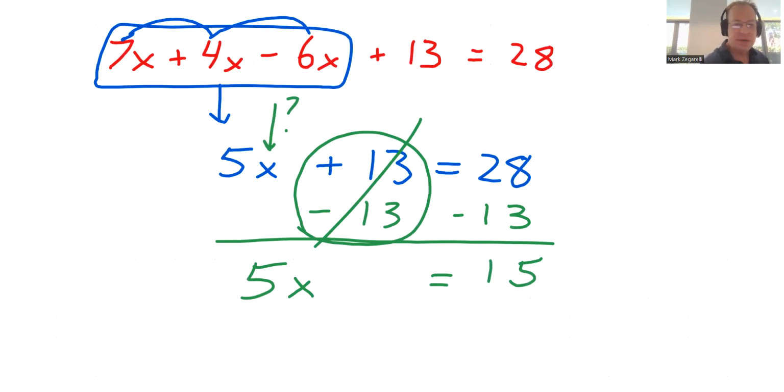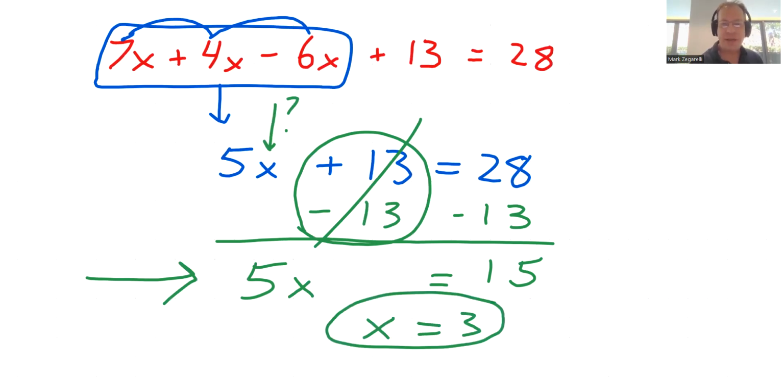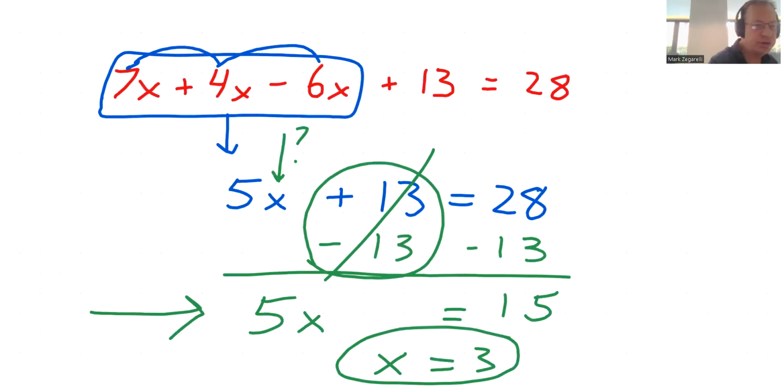And now we've got a much simpler equation, something that you could possibly look at and just say, I know what that is. 5 times x is 15. What is x? X equals 3. And that is the answer. And I don't want to take up any time, but in your actual classes, you may be required to take that answer and then plug in 3 every place that you had an x up here.